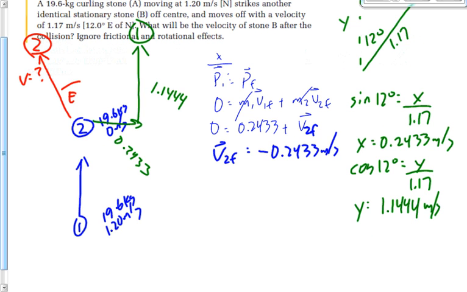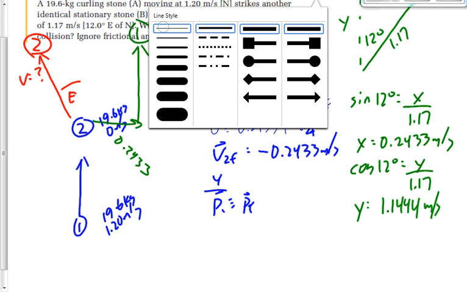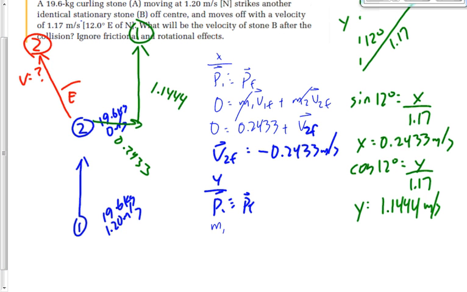Now let's do the y's. This time I'm not going to get rid of those terms right away, or at least not both of them. This one I can, because it's at rest. And the masses cancel again, right? That makes life a little bit easier for me. It's the same mass in every term, 19.6 kilograms.